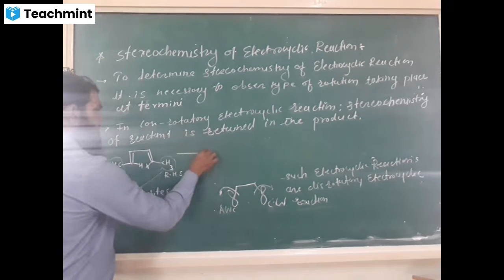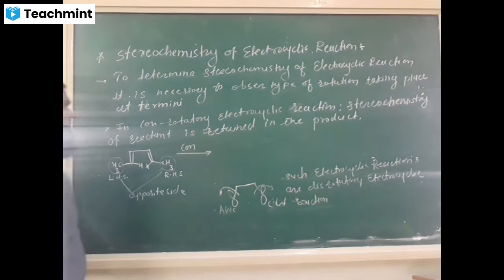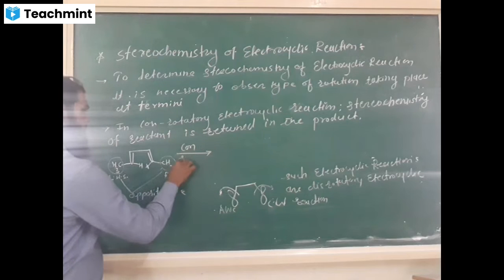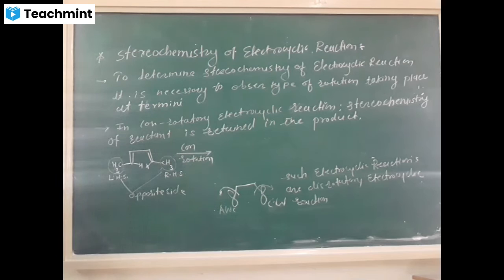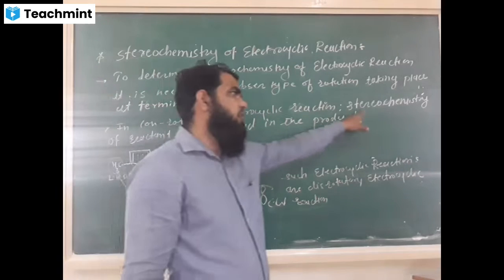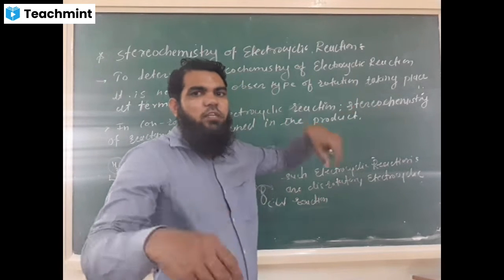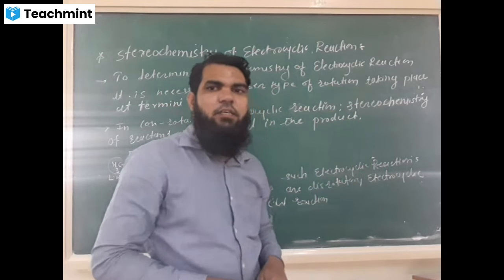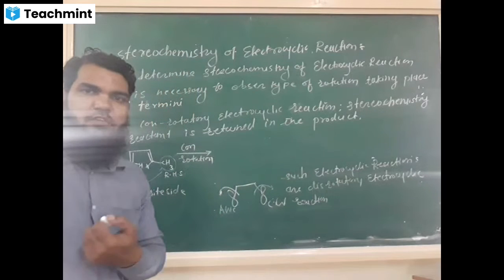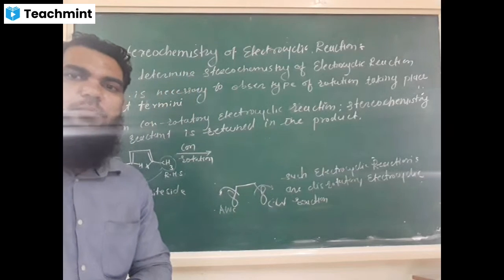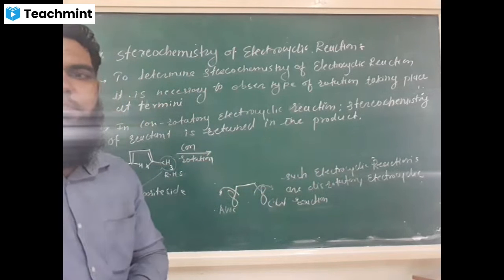So what happens if we do conrotation over here? Whenever the conrotatory electrocyclization reaction takes place, whatever atoms or groups are present on the starting material, whatever their side, they appear on the same side in the product.